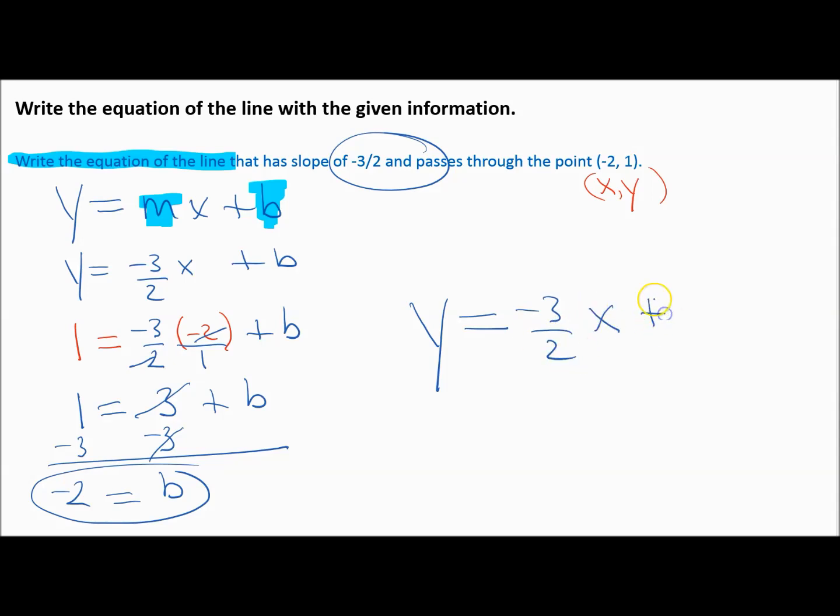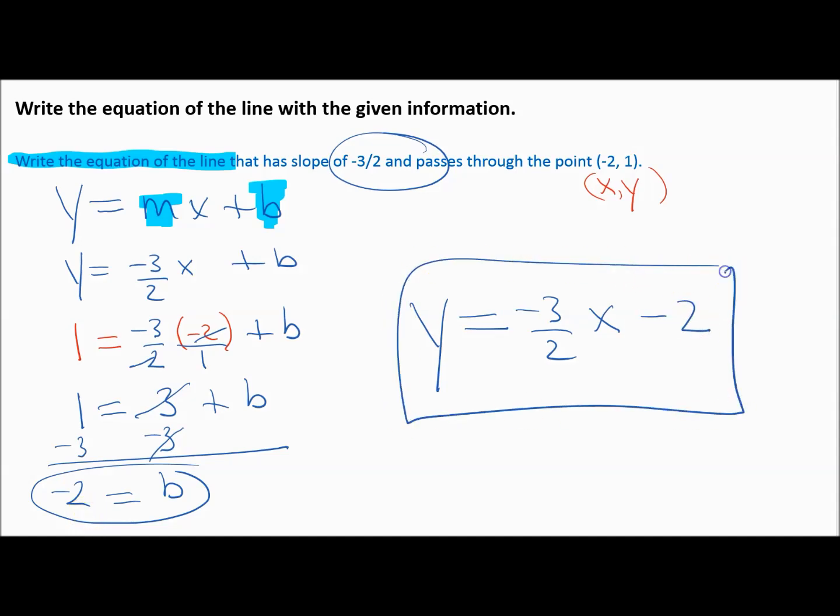And then once again in the aqua highlighted, you got to substitute b, which is, I wrote my addition sign way too soon. It's a negative 2, so I put minus 2. So this line, if you were to graph it, I promise you, it has a slope of -3/2, and it passes through the point -2, 1.